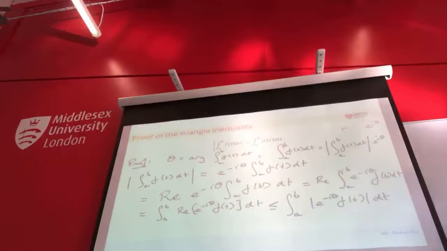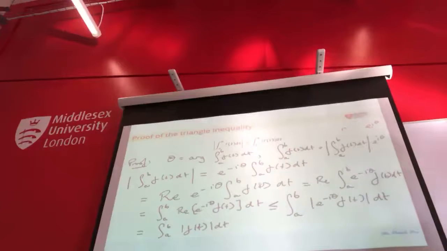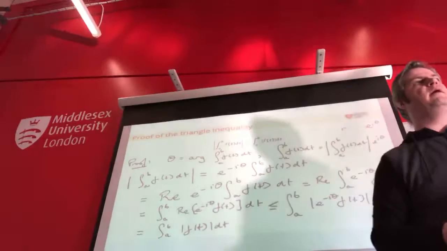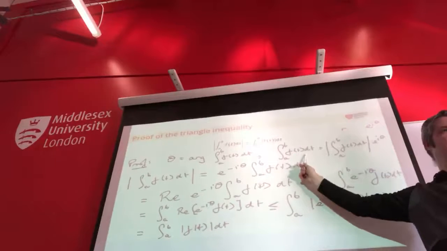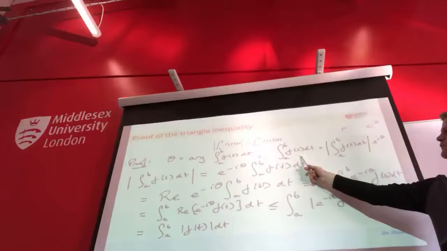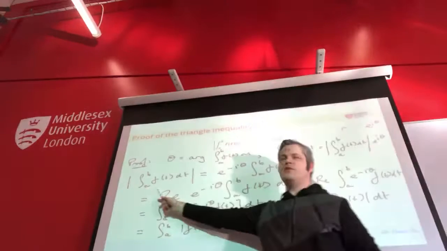And then this is the integral from a to b of the absolute value of f(t) dt. The e to the minus i theta appears because f(t) is the absolute value times e to the i theta, but here I start with the absolute value.